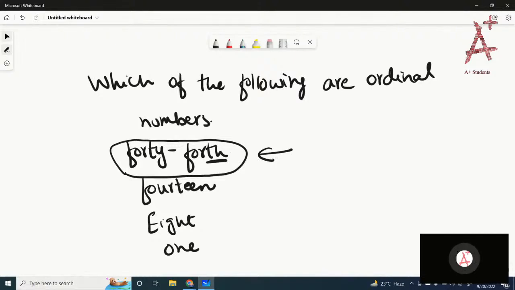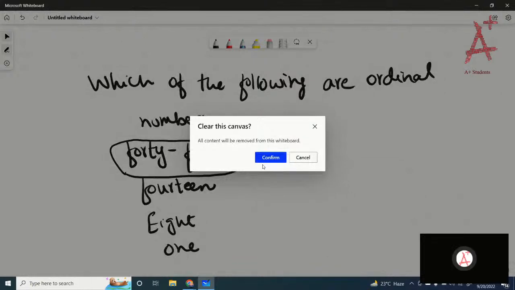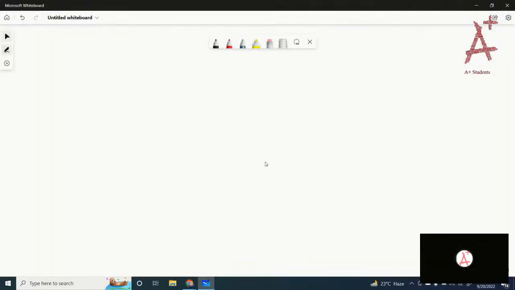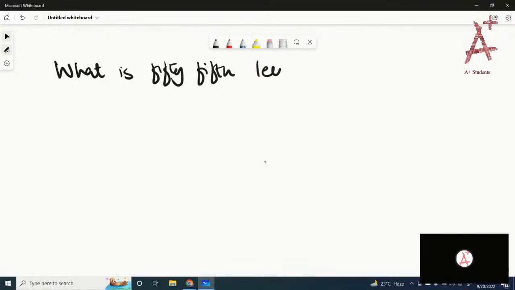Okay, the next one is, what is the 55th letter in the passage? Let me write down the passage.